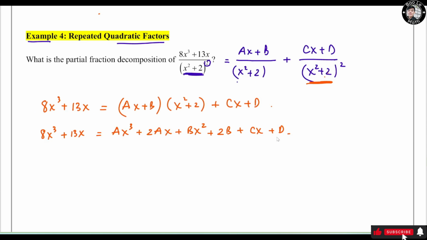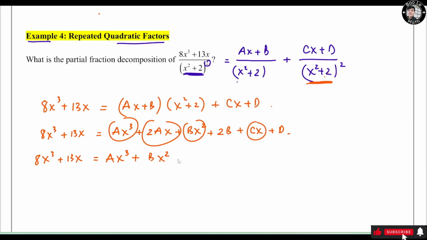Now I rearrange this from highest power to lowest power. So it can be 8s cubed plus 13s equals, this one right here is the highest power, as cubed, and then this one plus bs squared. Now this one and this one are power 1.